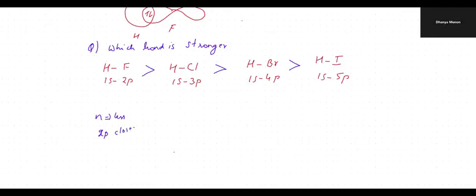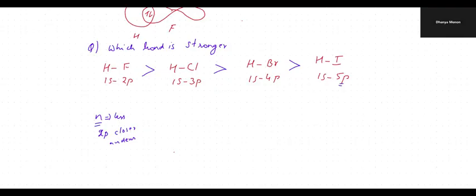If they are closer, the nucleus holds them more strongly, and 5p is furthest. Whichever has the smallest shell number will be closer to the nucleus, and that bond strength will be more.